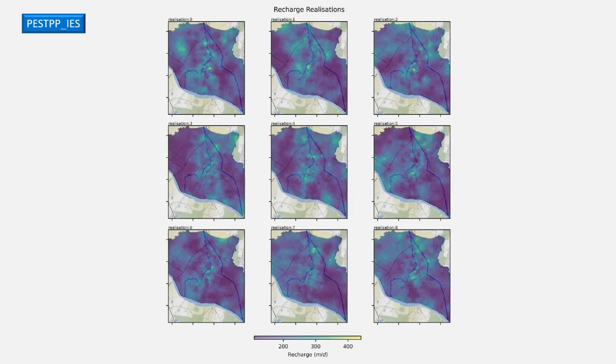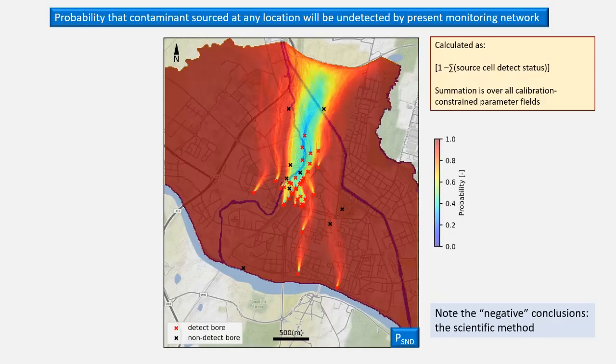So then I can start to build up some source statistics. So let's take the detect status statistic first. It is awarded to each particle trajectory. It then gets transferred to the source. So the particles are helping us to take information back from the observation points to the source.